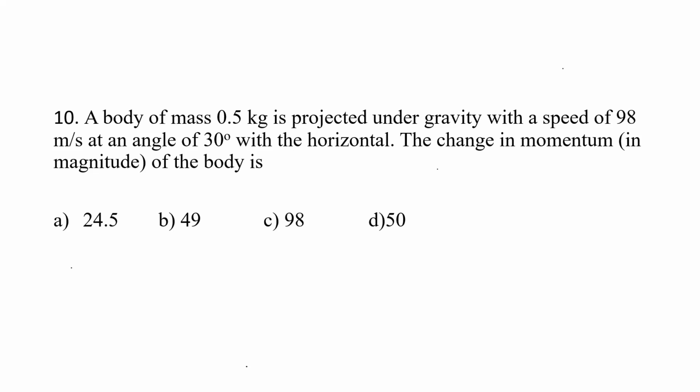We need to calculate the change in momentum. See here, the change in momentum for projectile motion is given by 2u sine theta, that is equal to 2 into 0.5 into sine theta, value is 30 degree. Therefore, here it becomes sine 30.